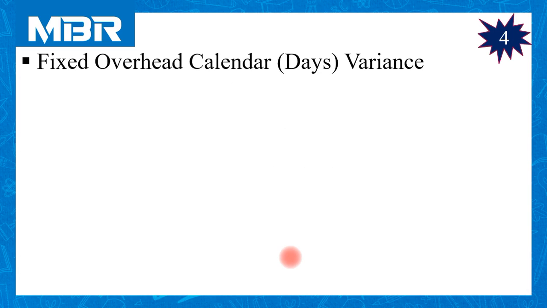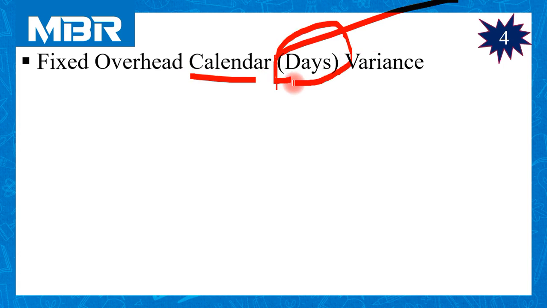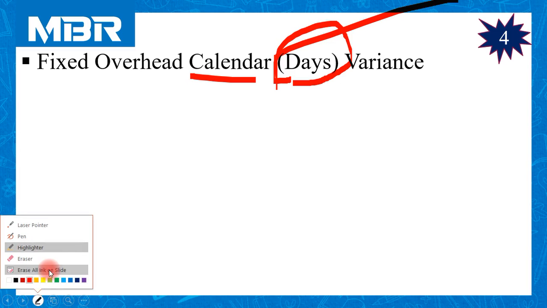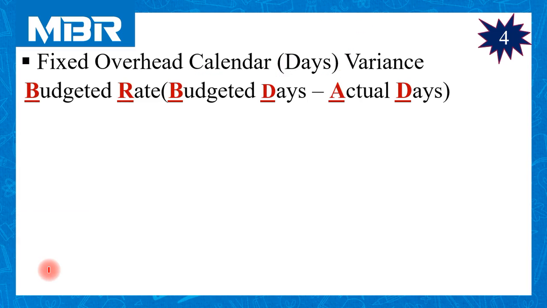Number 4 is all about fixed overhead calendar or days variance. So from the word calendar, it is clear that we need to calculate on the basis of days, right? Now, formula: budgeted rate into bracket budgeted days minus actual days.